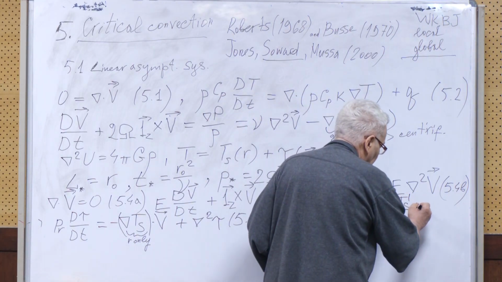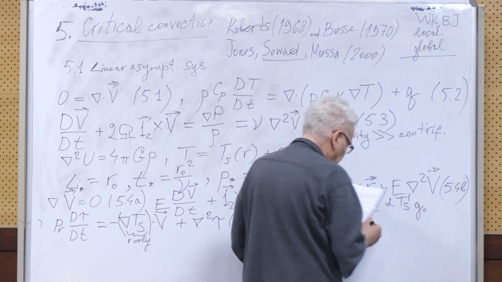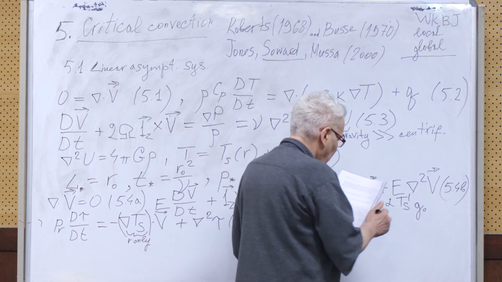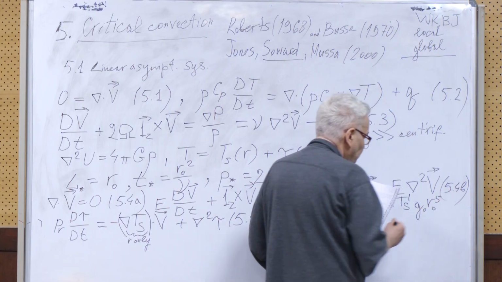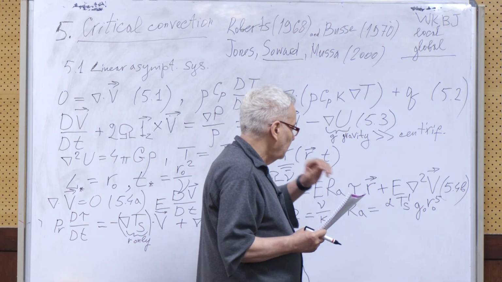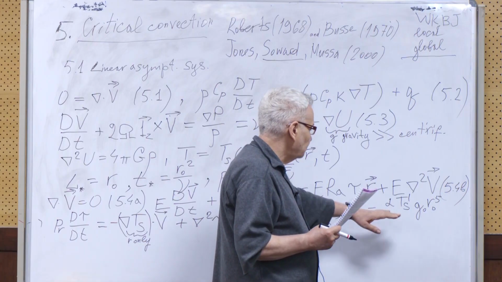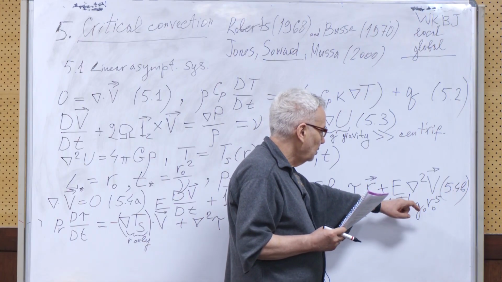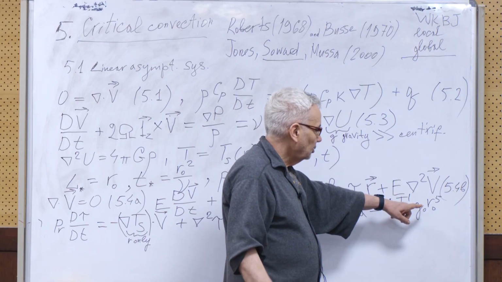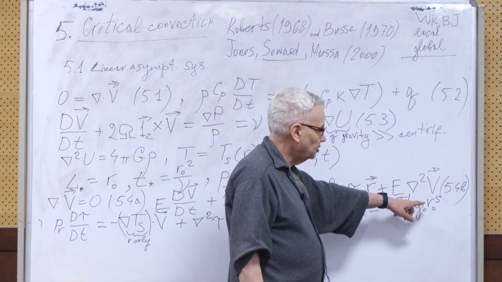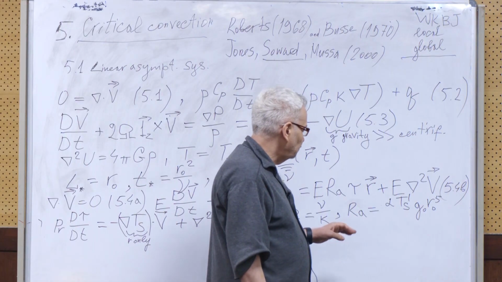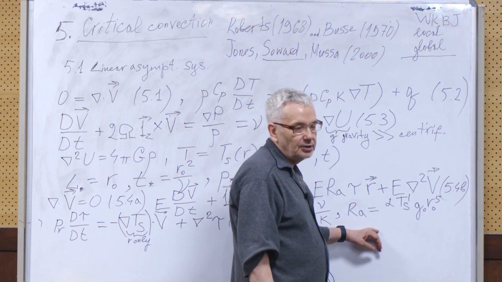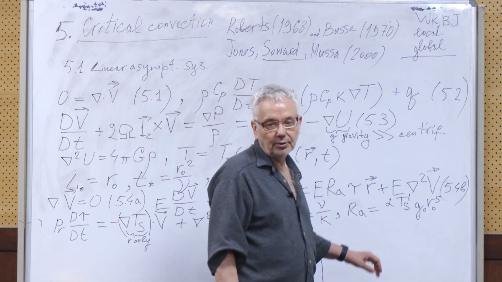Then there is the gravitational acceleration on the outer boundary, and there is the radius of the outer boundary. So actually all this is quite sensitive to the size, because you see that here it enters with the fifth power. So this is the reason why this Rayleigh number sometimes can be very big.